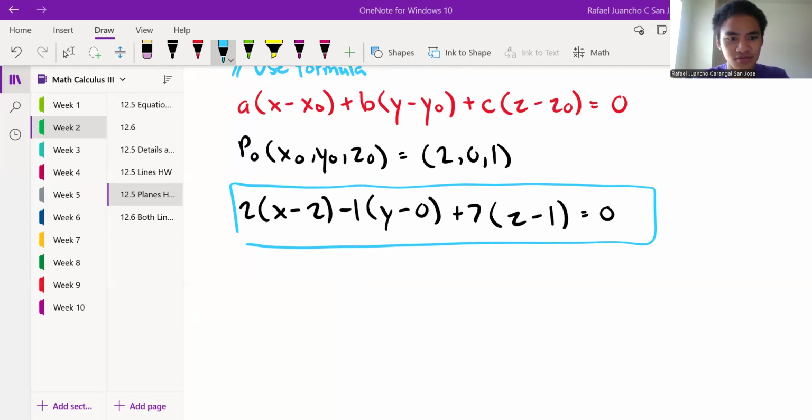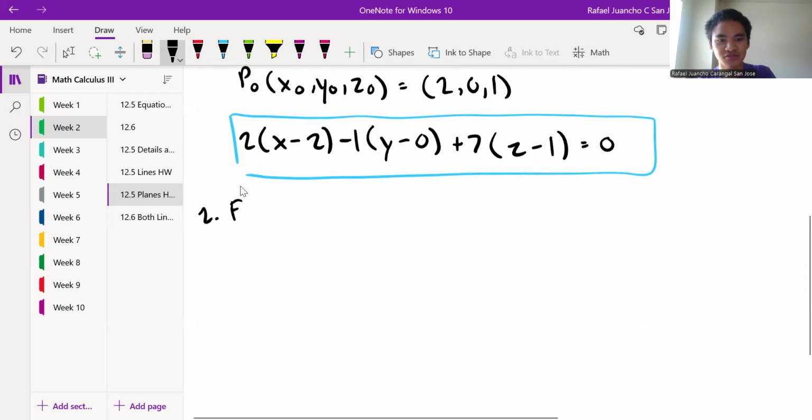So 2 times (x - 2) minus 1 times (y - 0) plus 7 times (z - 1) equals 0. I think that should be it. Yep, we got it. Next.